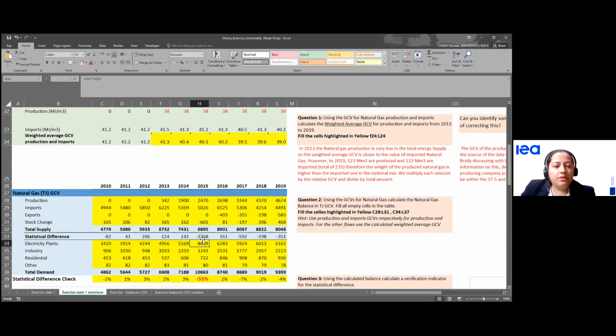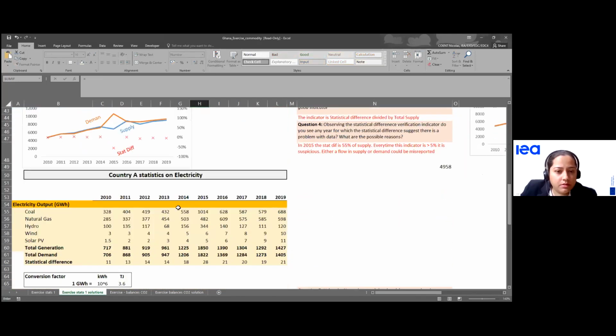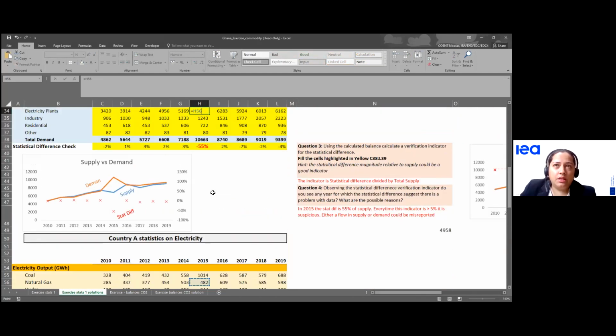Yes, so here, this value which we think is wrong, if we back calculate this one as equal to H56, so as the output, and we apply a 35% efficiency, so H56 divided by bracket 35%, and we convert back to terajoule, so divided by 3.6.